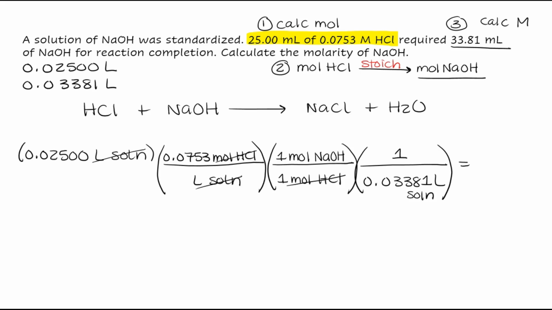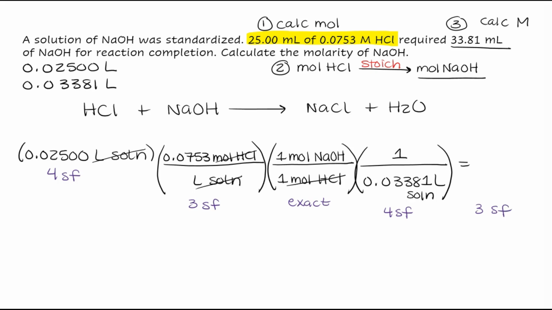Let's take a look at our sig figs so we know how far we need to round. Our initial volume has 4 sig figs. Our HCl molarity has 3 sig figs. Stoichiometry is always exact. And our NaOH volume has 4 sig figs. So when we do the calculation, we will round to the fewest number, which is 3 sig figs.